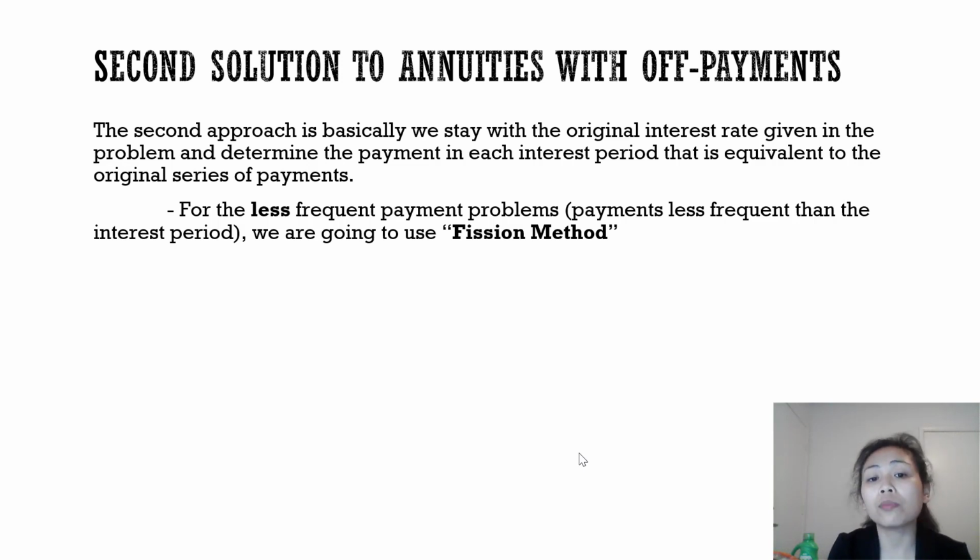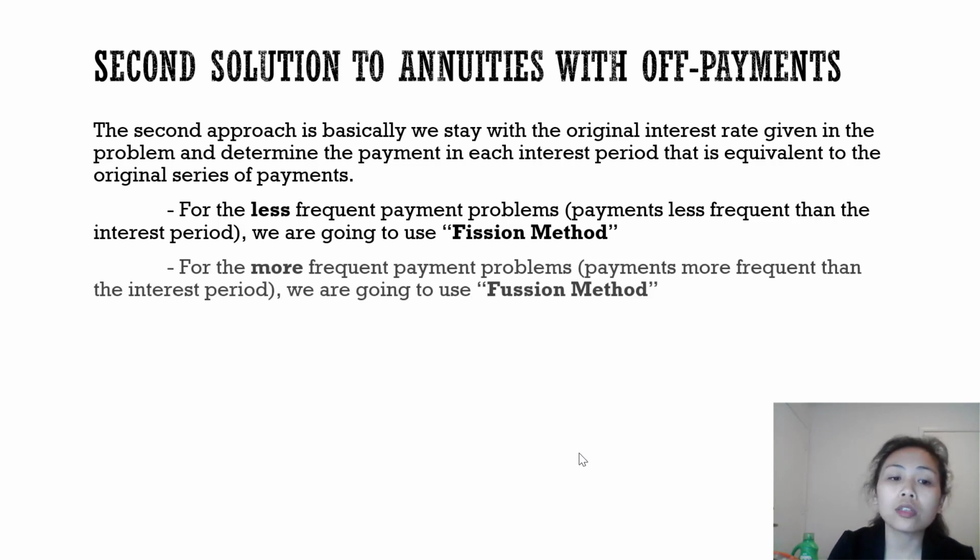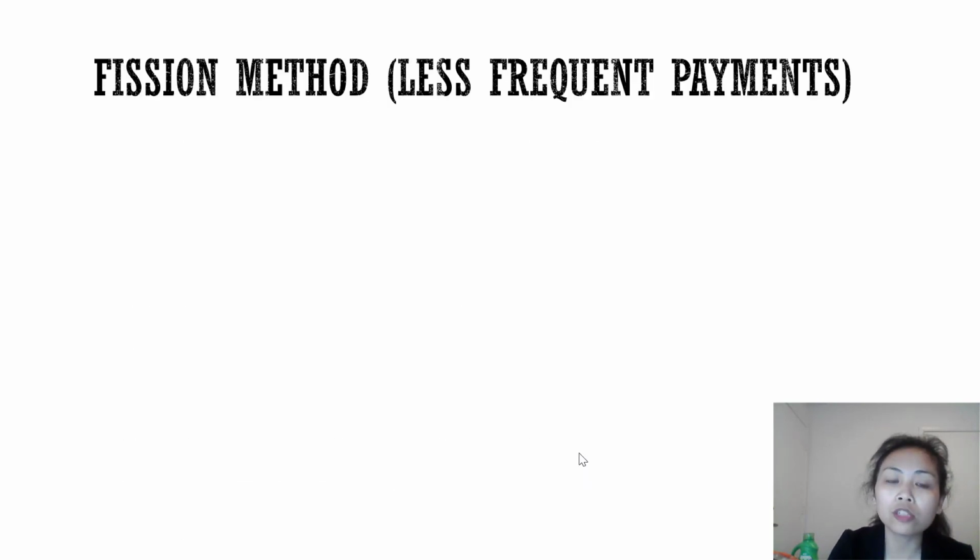For the less frequent payments problems, where the payment is less frequent than the interest period, we are going to use the fission method. And for the more frequent payments problems, where the payments are more frequent than the interest period, we are going to use the fusion method. So let's look at the fission method.